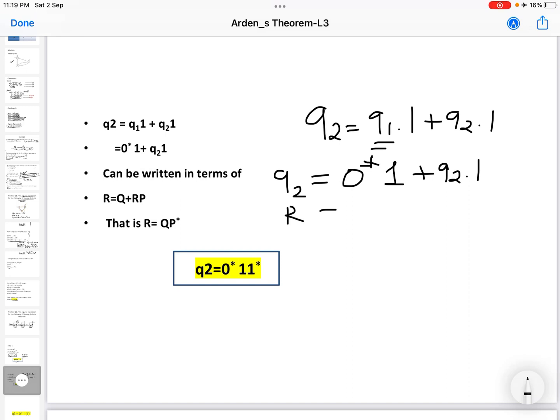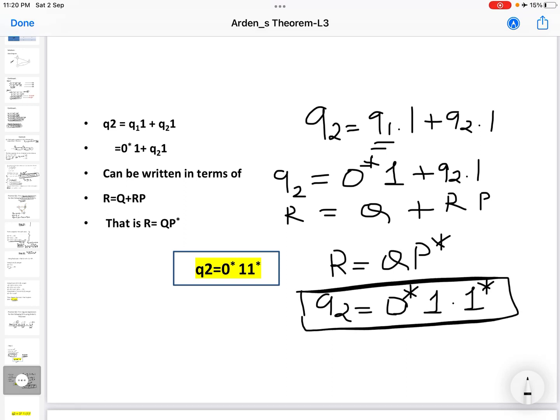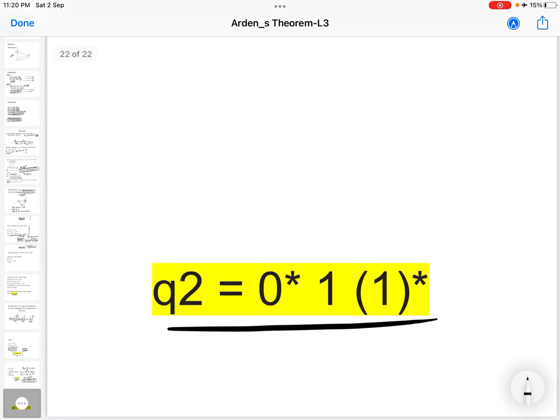This is in the form of R equal to Q plus RP, so we can write it as R is equal to QP asterisk. Q2 is equal to Q is 0 asterisk 1 into P is 1 asterisk. So this is your RE. So Q2 is 0 asterisk 1 into 1 asterisk. This is Arden's theorem.